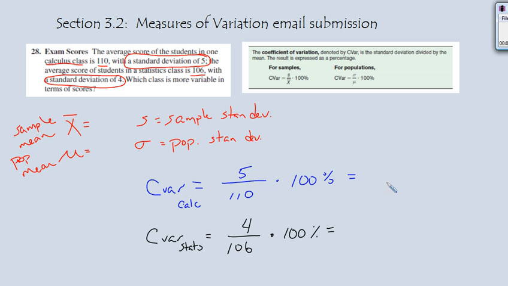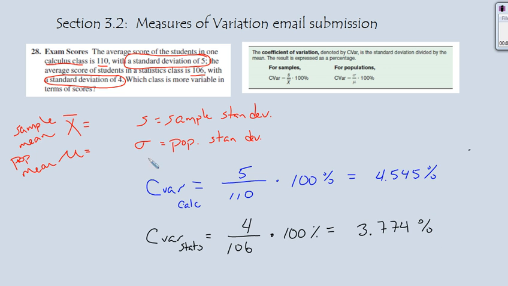Alright, I'm back. So when we calculate for the calculus course, we find that when we multiply that, we get 4.545%. And for the coefficient of variation for the statistics class, when we calculate that, we get 3.774%.